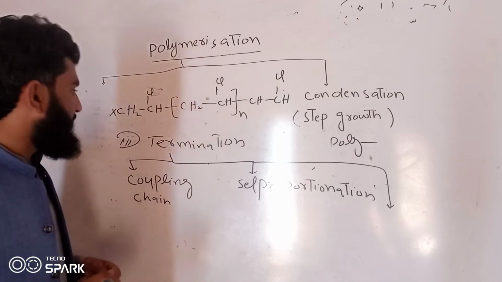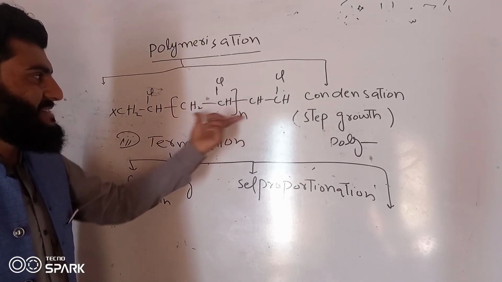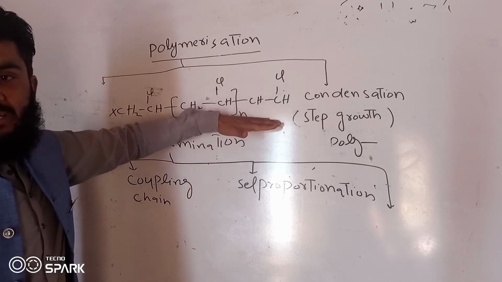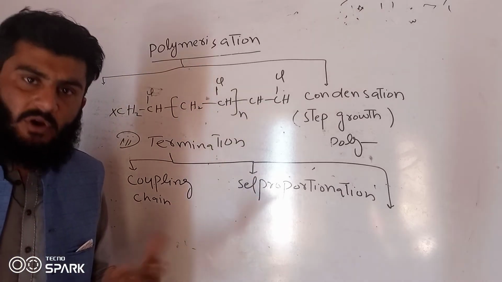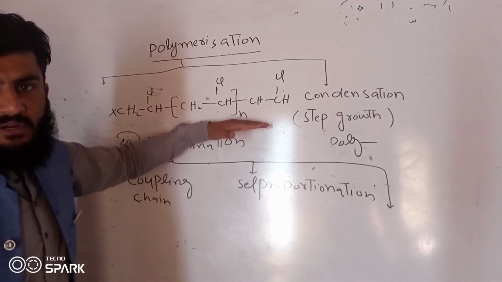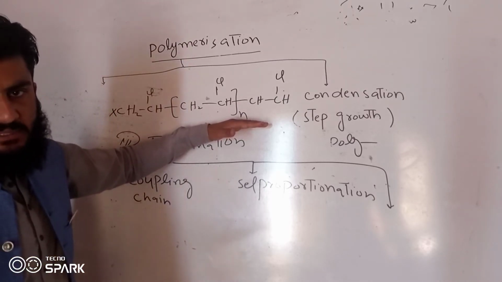Okay, so first of all we want to terminate; this is the result of propagation. Now I want to kill the polymer, to make a dead polymer, one which does not react again. Clear?